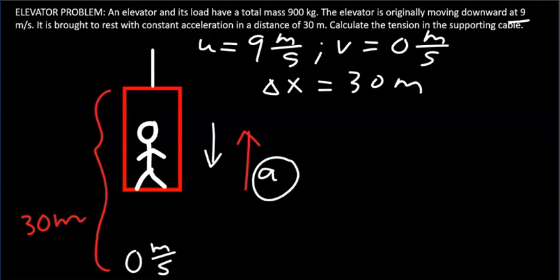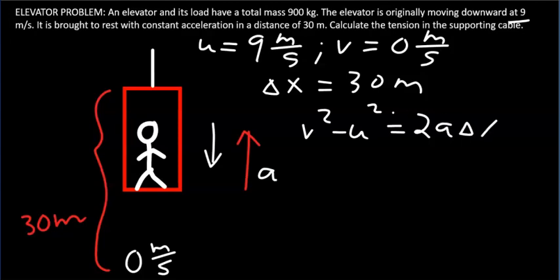So what is a? Using one of the kinematics equations, namely v² − u² = 2aΔx, we can figure out the acceleration because we know all the other unknowns.